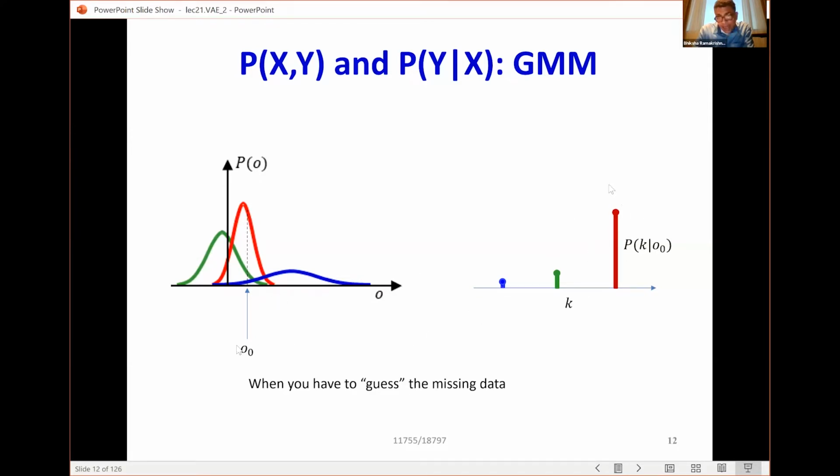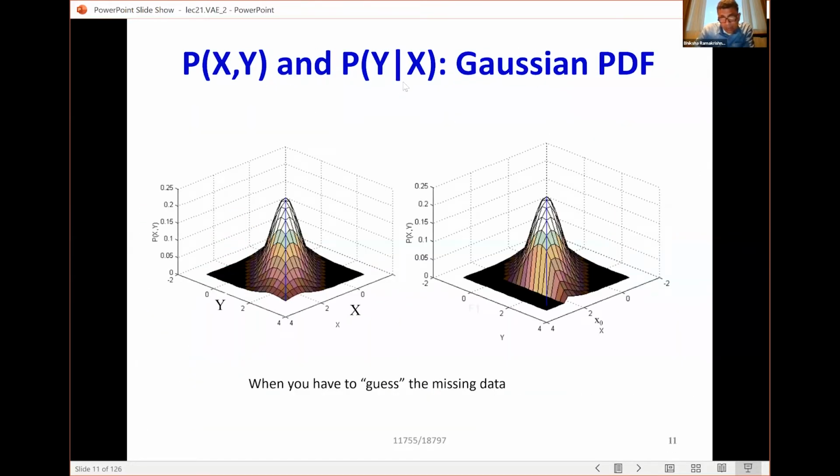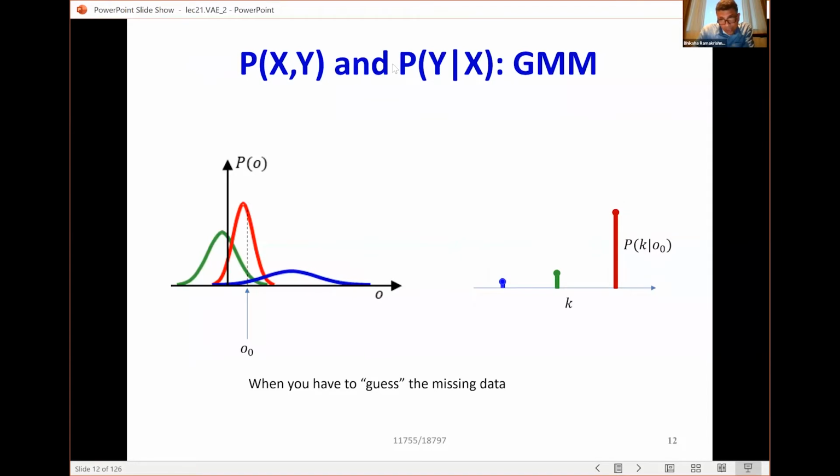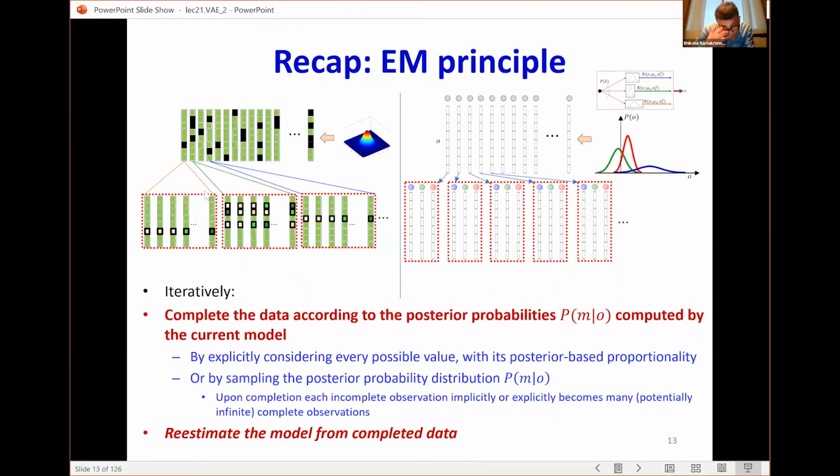Although you may not be able to identify which Gaussian generated the observation, you could definitely assign probabilities to all of those, which is P of K given O. And now that you have these a posteriori probabilities, P of Y given X over here, or P of K given O over here, you can use those a posteriori probabilities to fill in the missing components.